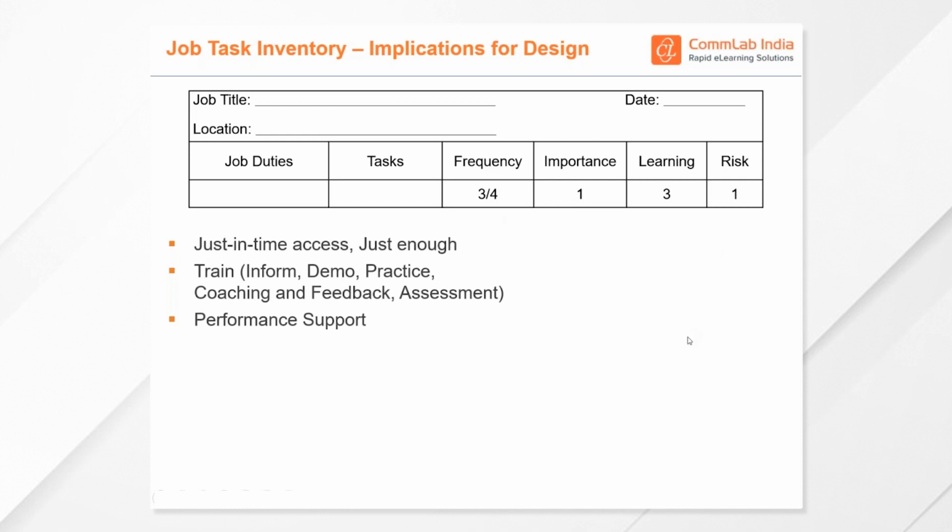So in such a situation, I would make sure that the solution I've put together addresses the learner's need just in time by giving them access to just about whatever resources they need to be able to handle that. And then I would go in for a bit of formal training through maybe classroom or e-learning, and I would of course supplement it with performance support.